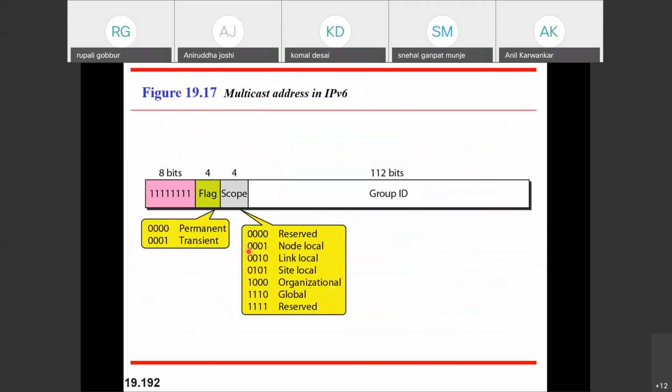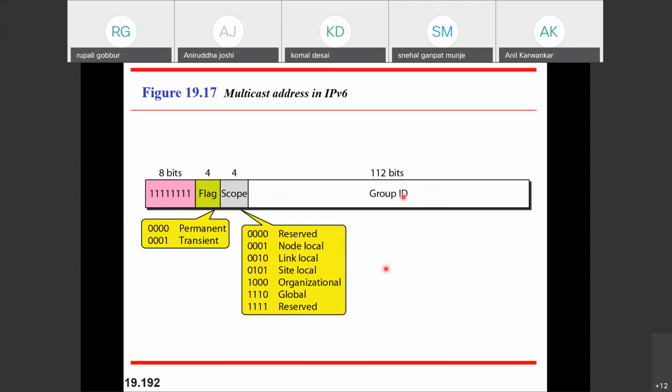It's a 128-bit address. So the start is always 11111111, these 8 bits. Then the flag, 4 bits for flag. 0000 is permanent, 0001 is transient. These are the two types of addresses that can be assigned, permanent addresses and transient addresses.